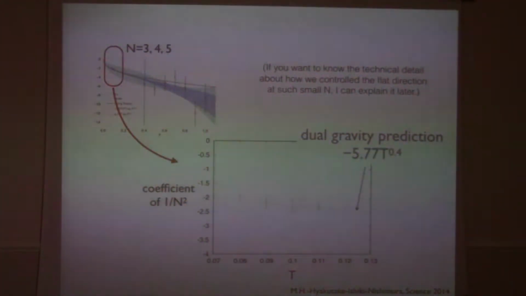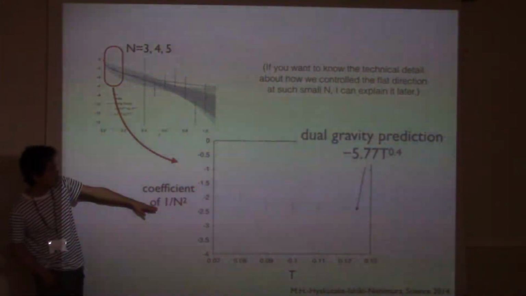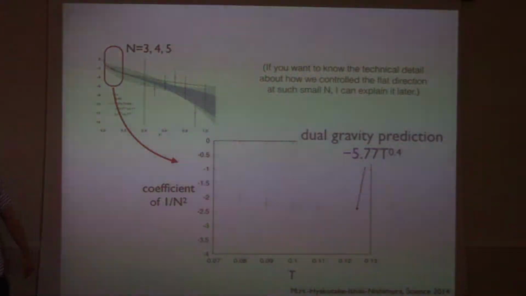If you want to know the technical detail, I can explain more. But basically, for a technical reason, at very low temperature the problem with the flat direction becomes milder. So n equals 3, 4, 5 could work, and then we can fit the coefficient of the 1/n squared term rather easily.